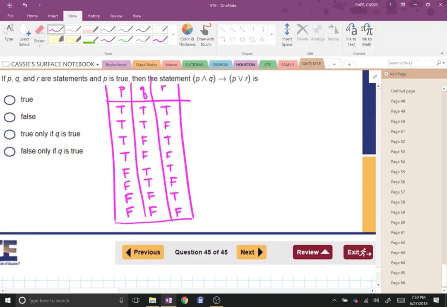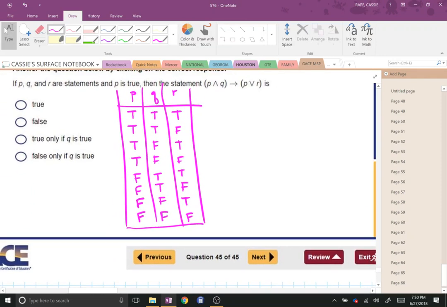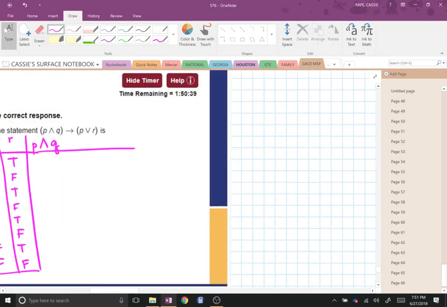Then we're going to go back up here. The next thing I do is just one part of it, P and Q. The ∧ looks like an "and," but this is how I think of it. Think of someone at the boardroom table who puts both their hands down and goes, "I get my way."